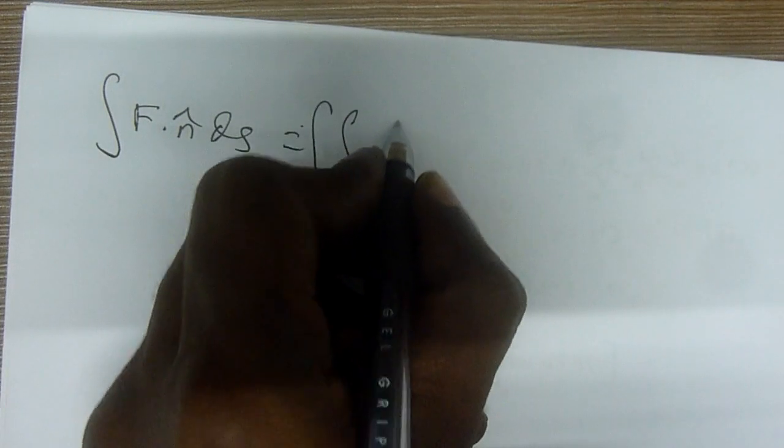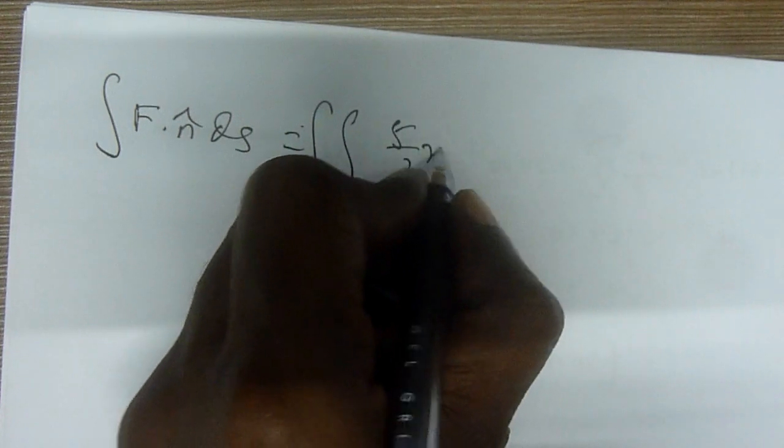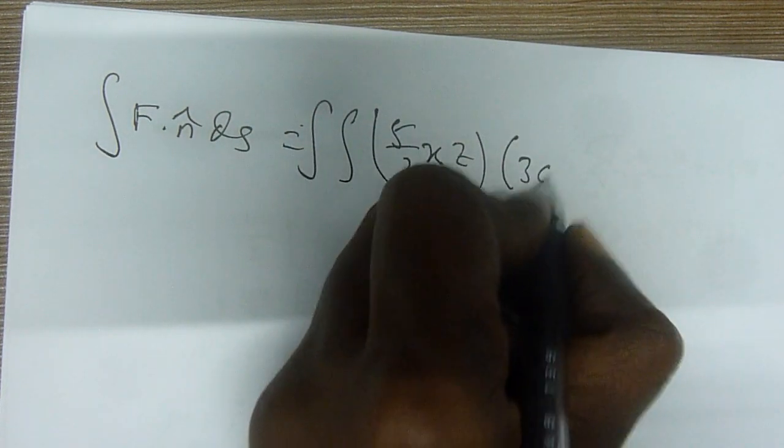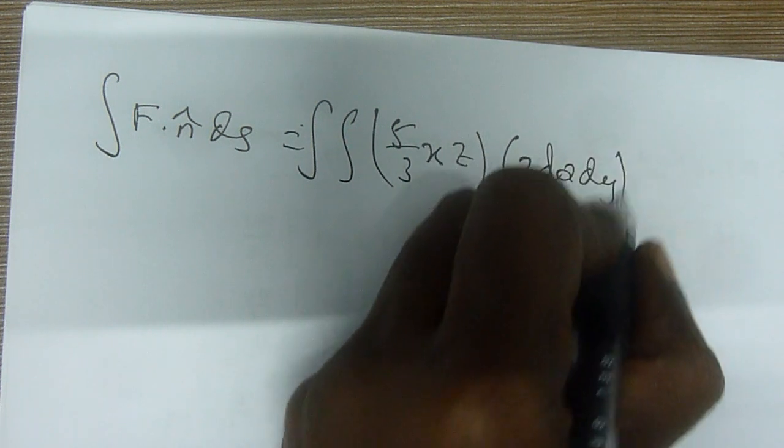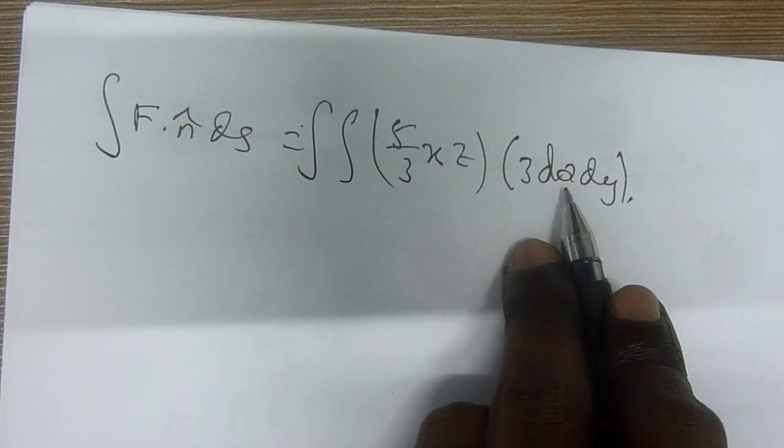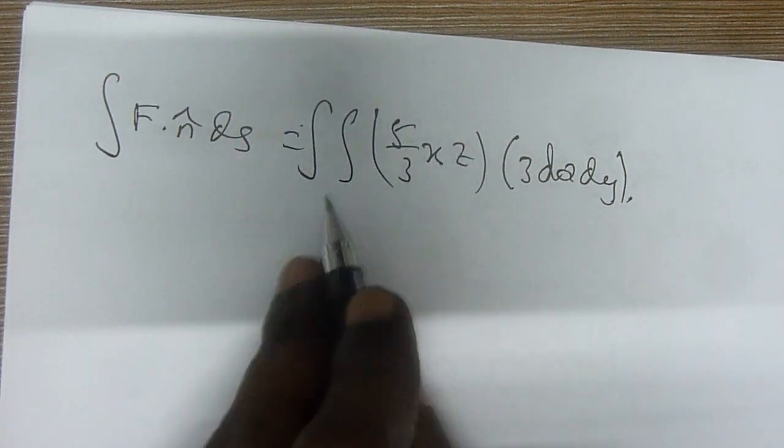Now we are going to combine everything. When we combine together, you see f dS is 5 over 3 xz times 3 d theta dy. Okay, dy d theta, that's very important.